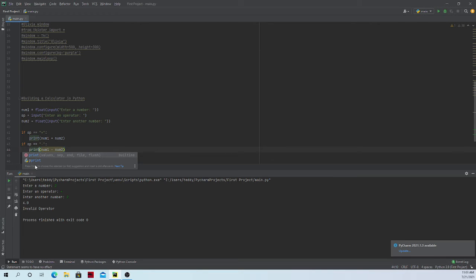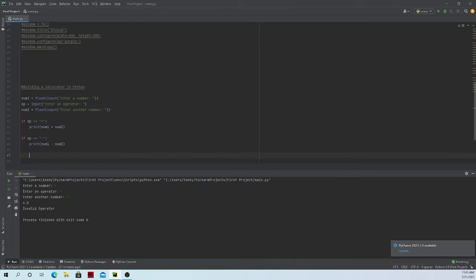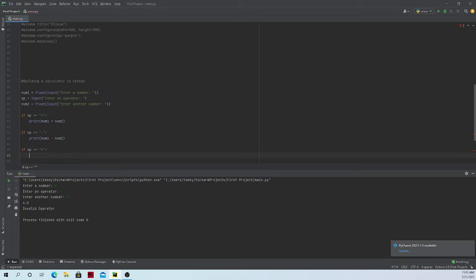But Modern, what if the operator equals times? If operator equals times, print num1 times num2.